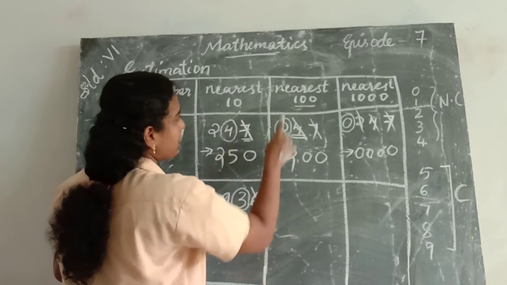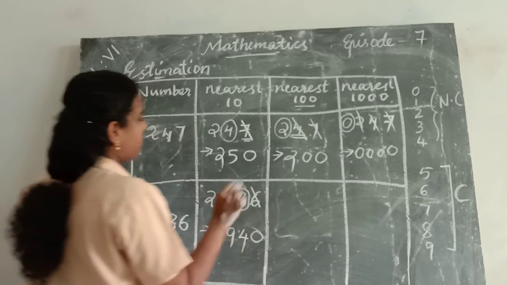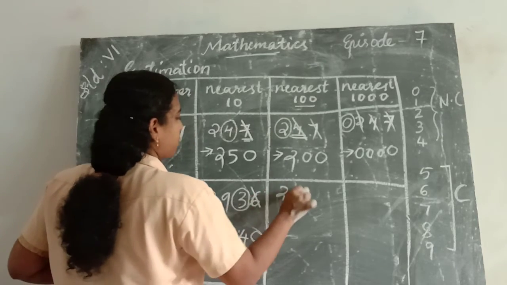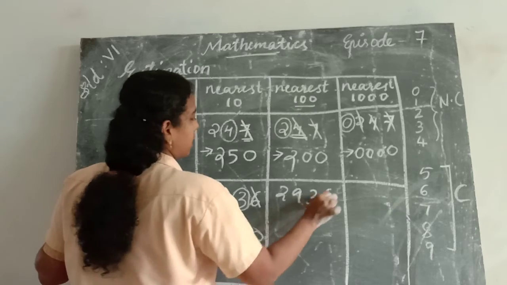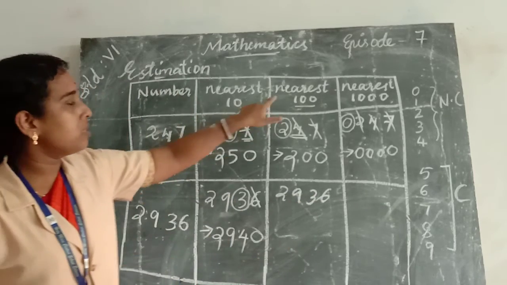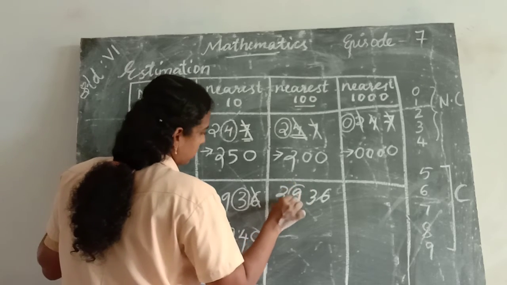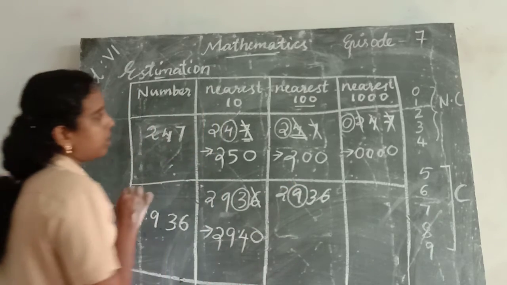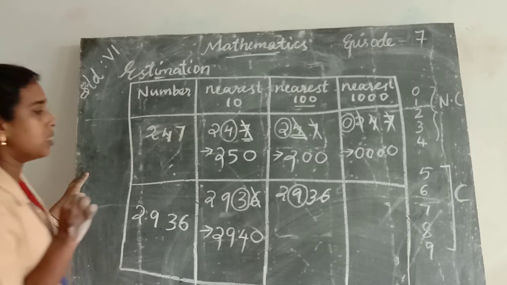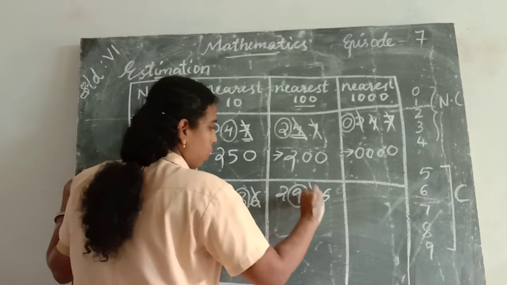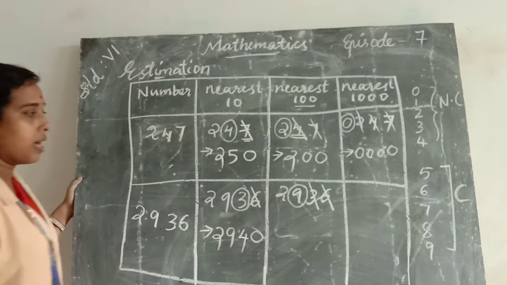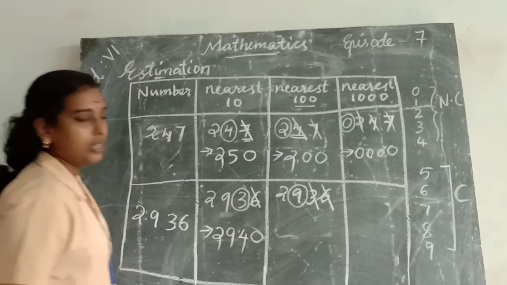And the next column is nearest 100. For finding the nearest 100, we write the number 2936, and to estimate to the nearest 100, we round the number at the hundreds position and take off the numbers that come before the rounded digit.